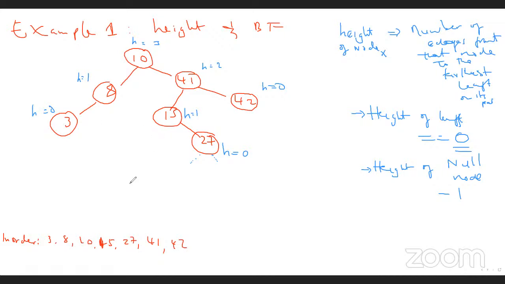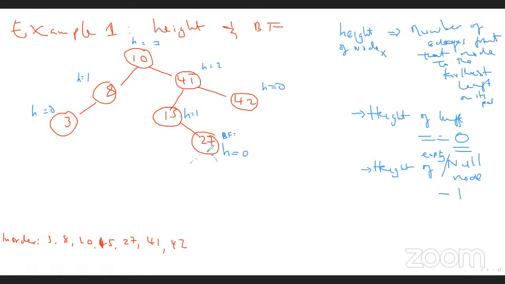Good work. Let's talk about balance factor. What's the balance factor at 27? Okay, 0. Why is it 0? If we go to 27, the left and the right are empty. So we say the height of an empty or null node is -1.